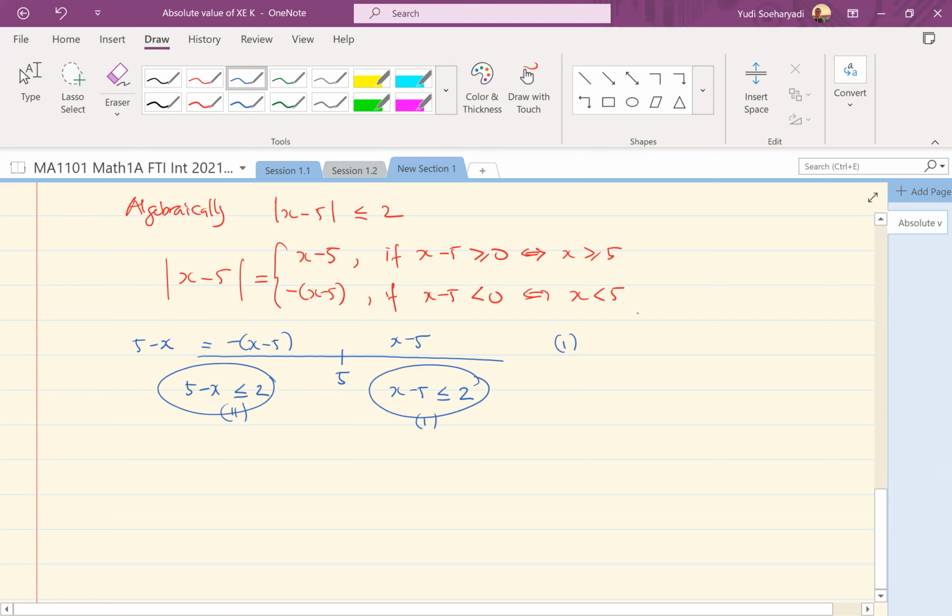From the first, you add 5, so x is at most 7. For the second case, you subtract 5 and multiply by minus 1, so x is at least 3.